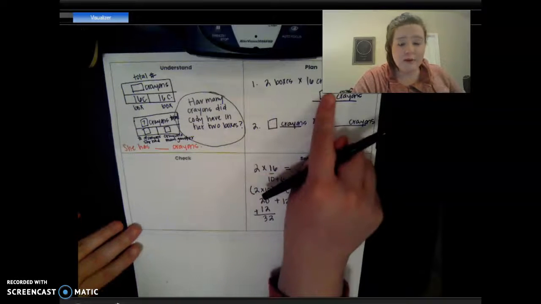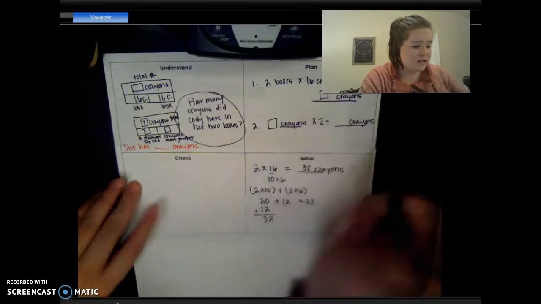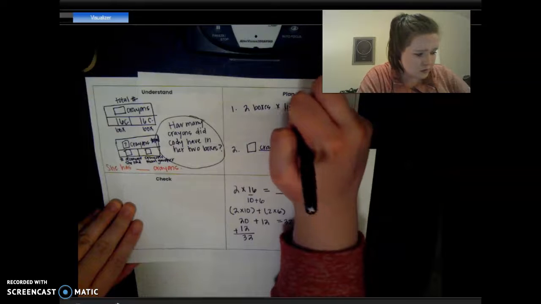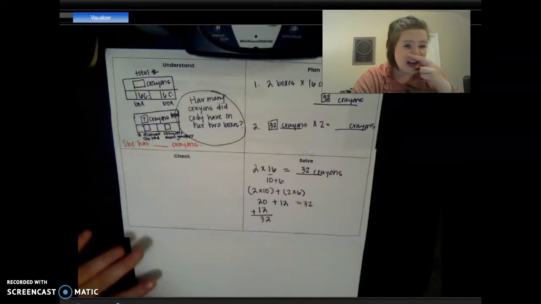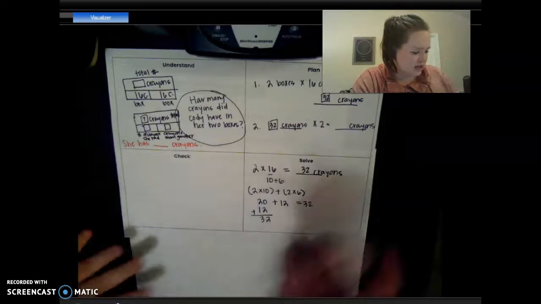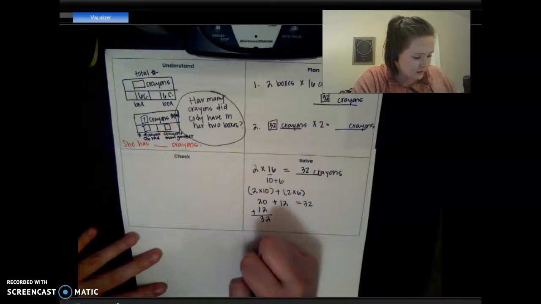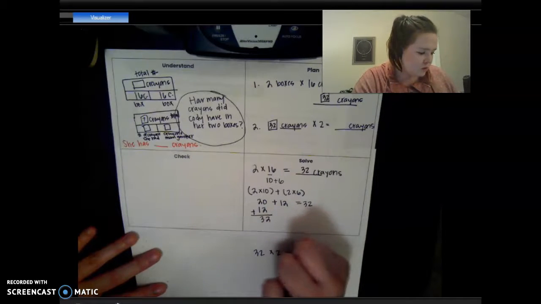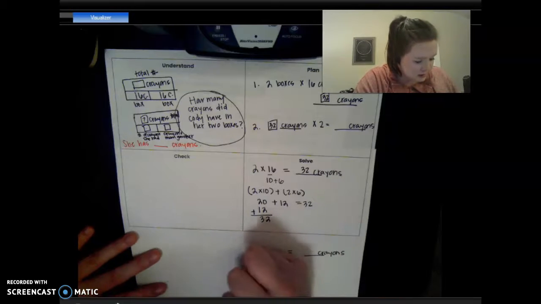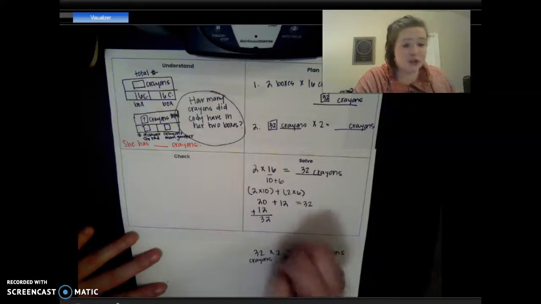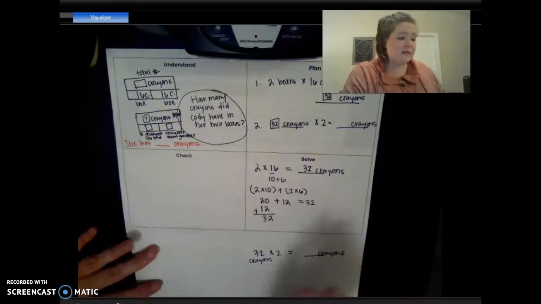So I'm going to take the number that I would have put in the box, which is 32, and I'm going to do 32 times 2. I'm going to do it the exact same way that I just did. 32 crayons times 2, because I'm doubling it, equals a specific number of crayons.